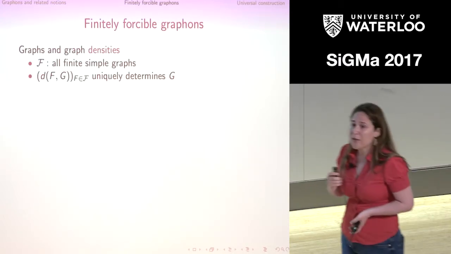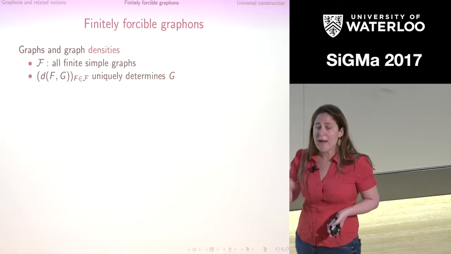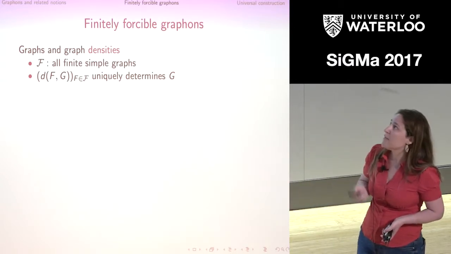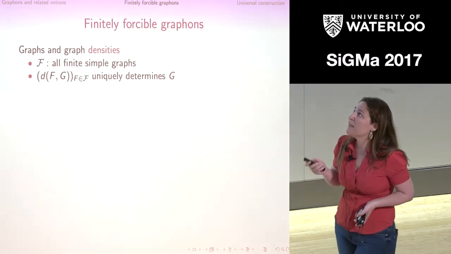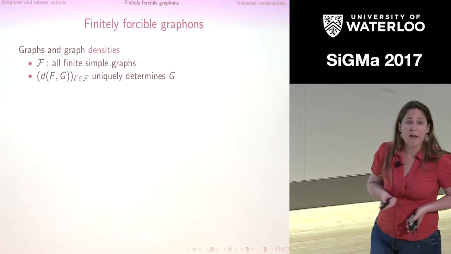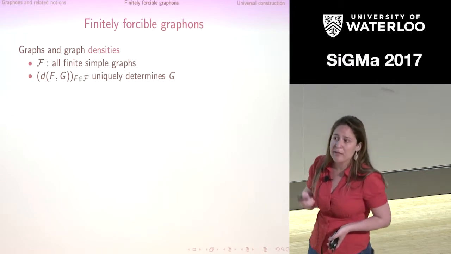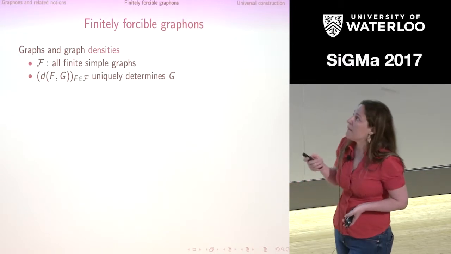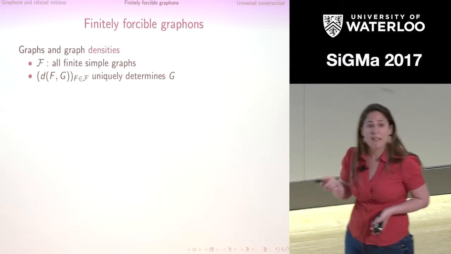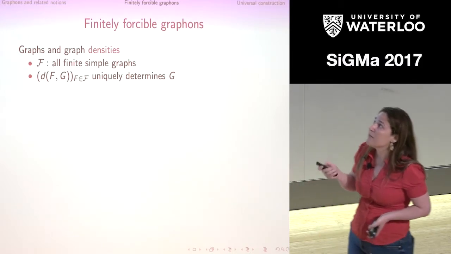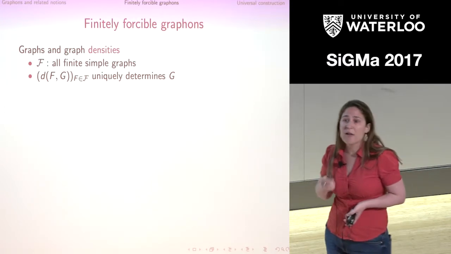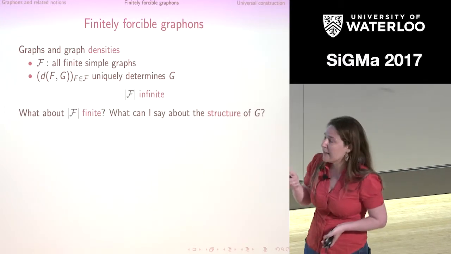Notice that if we know the densities of all finite graphs in a graph, this determines uniquely the graph that we are talking about. And the same goes for the graphon, up to weak isomorphism. But in this case, we need to know all this information. And the set of graphs that we're considering is finite.